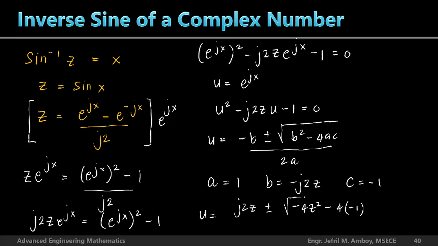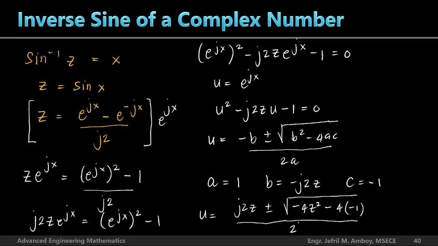Okay? I'm gonna put them inside the square root and divide all of them by 2a. Kung saan ang a ay 1, so that's just 2. Okay? So we can simplify this expression. Gawin natin yan sa next slide.